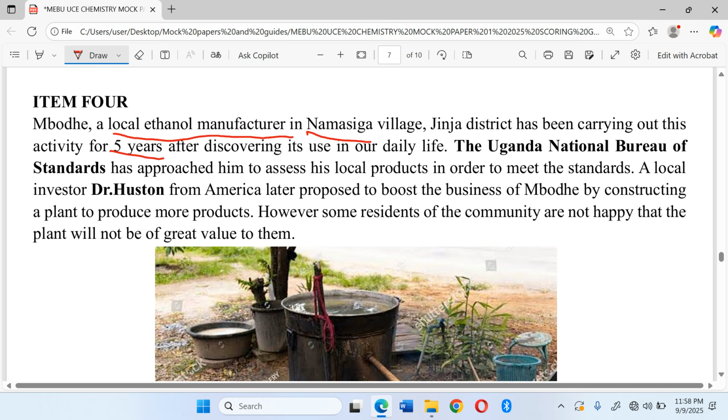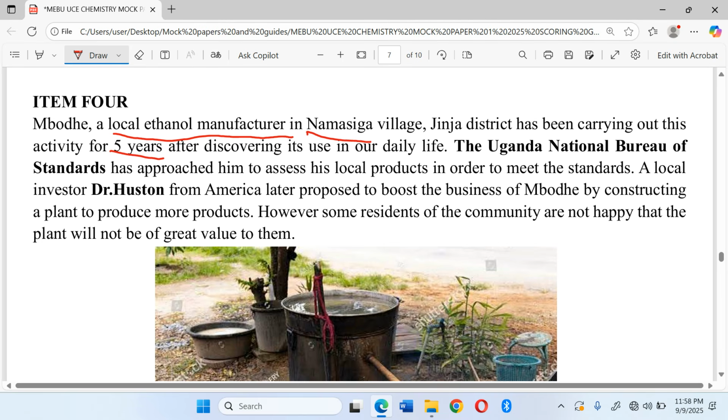The Uganda National Bureau of Standards has approached him to assess his local products in order to meet the standards. A local investor, Dr. Houston, from America, later proposed to boost the business of Body by constructing a plant to produce more products. However, some residents of the community are not happy that the plant will not be of great use.